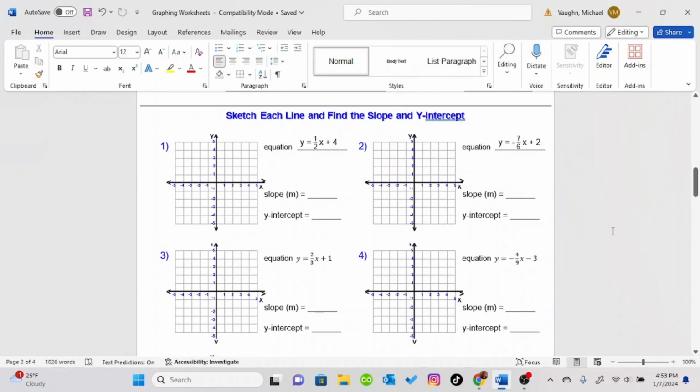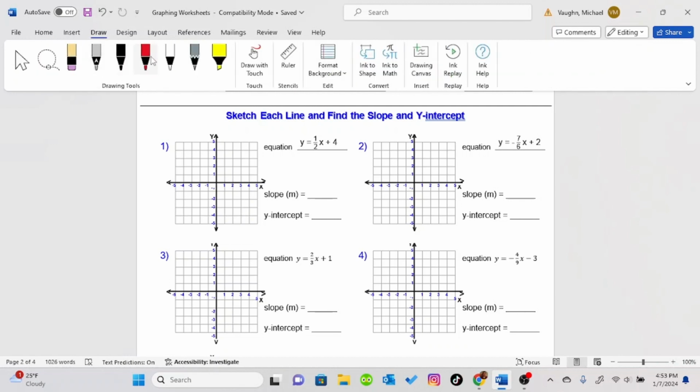On page 2, they want us to sketch each line and find the slope and y-intercept. And they're giving us the equations in slope-intercept form. So one thing to understand is that slope-intercept form is in the form y equals mx plus b.